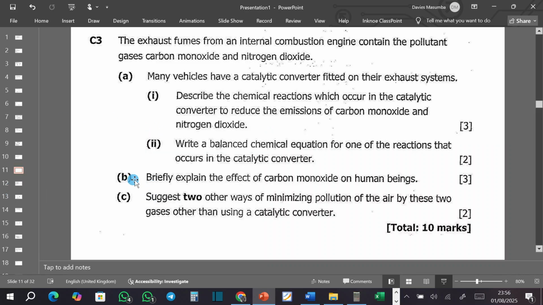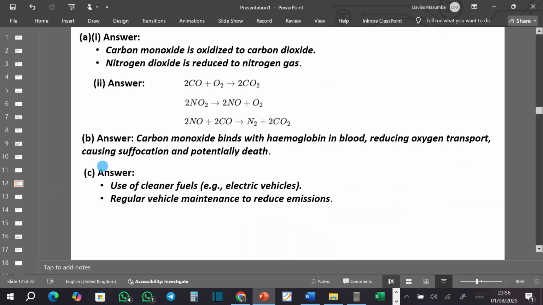Then we come to: briefly explain the effect of carbon monoxide on human beings. So we are saying the answer: carbon monoxide binds with hemoglobin in the blood, reducing oxygen transport, causing suffocation and potentially death.